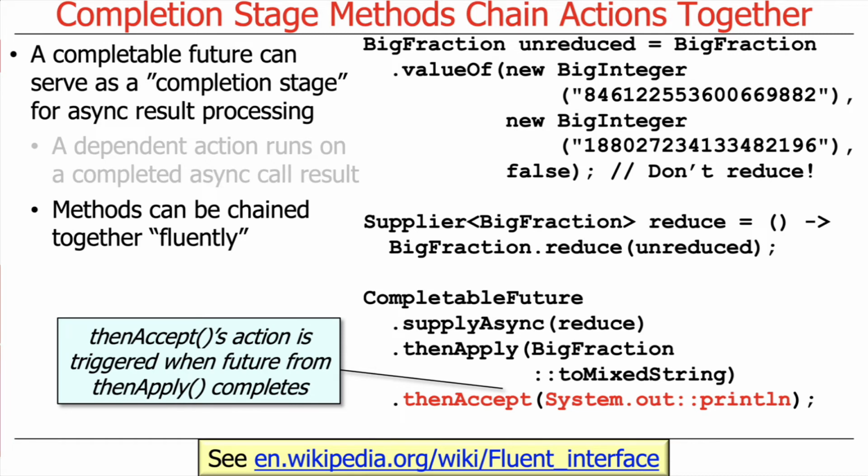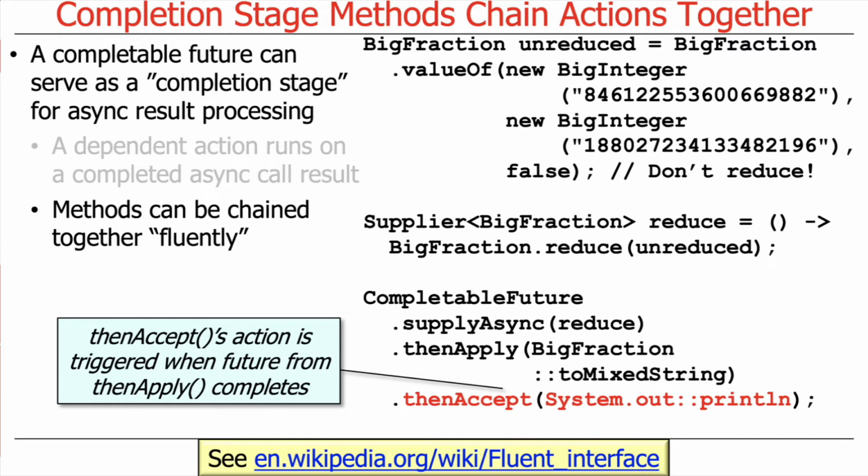And then we can chain these things together fluently using the Fluent interface pattern, and we'll see this over and over again. What we're going to do then is take the string that came from thenApply, and we're then going to invoke the thenAccept completion stage method, which will have the action of printing the mixed string out on the standard output.